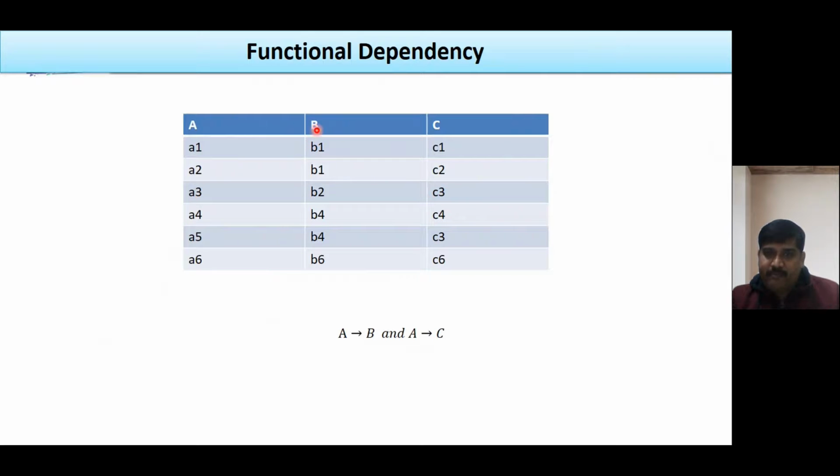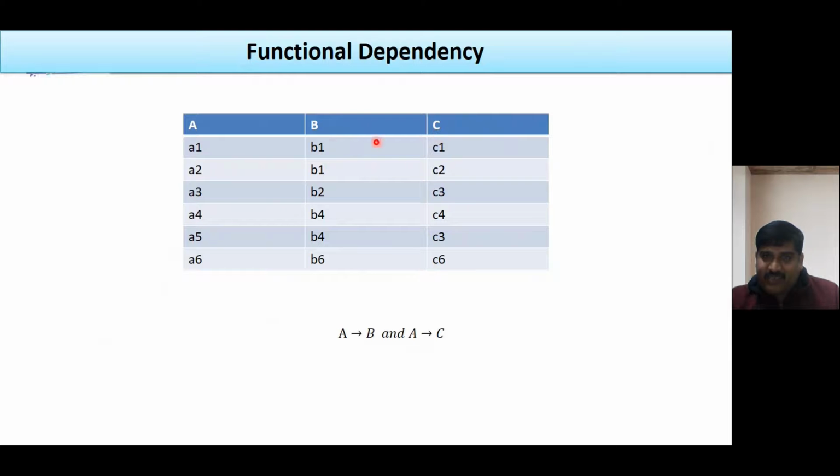But if we ask whether B determines C or not, then in the whole table, row number 1 and row number 2 are a tuple pair where they agree on their B values. If they agree on their B values, they must agree on their C values. And this constraint is not satisfied for B and C. So we will not say that B determines C.